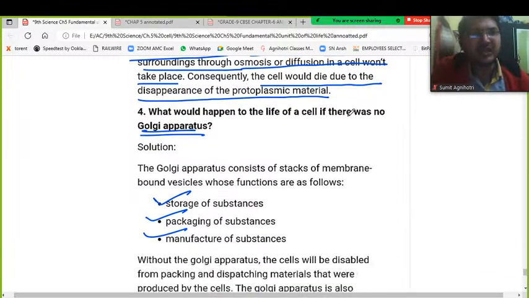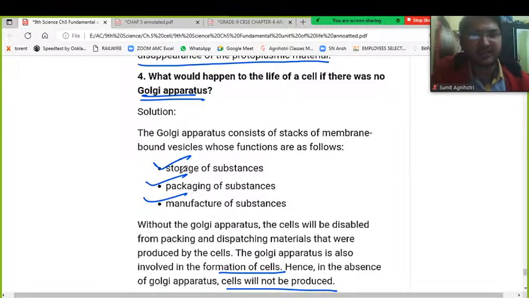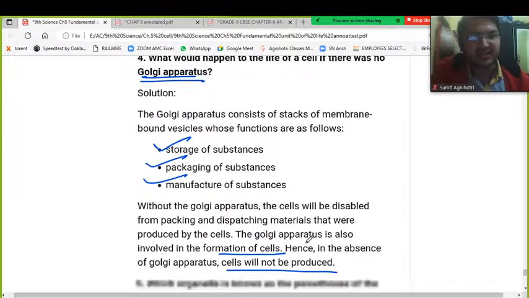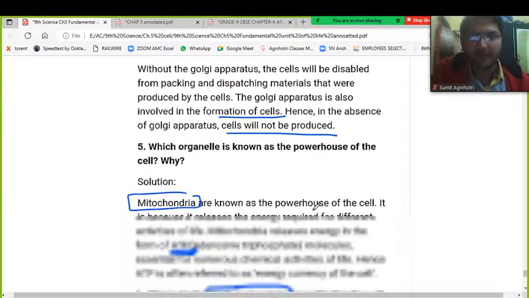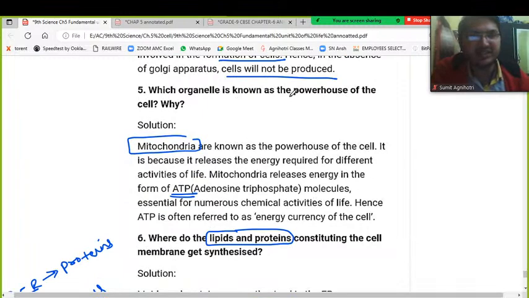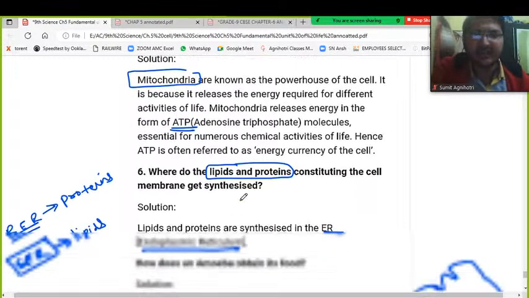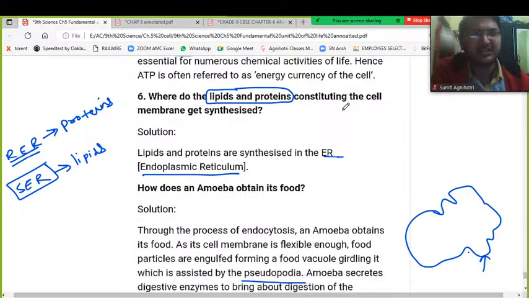What would happen to the life of the cell if there was no Golgi apparatus? Actually, the Golgi apparatus stores, packages and manufactures substances, and this will not be done. Cell will not be produced actually. Then which organelle is known as the powerhouse of the cell? Mitochondria. The reason you can understand. And then, lipids and proteins constituting the cell membrane get synthesized where?